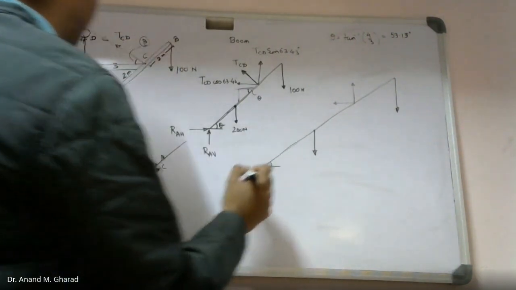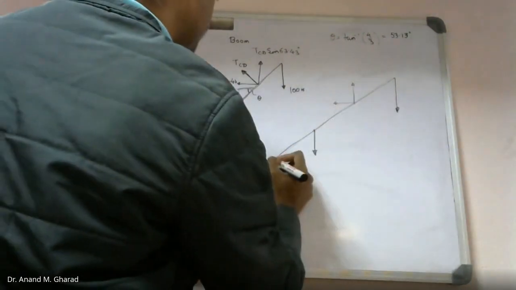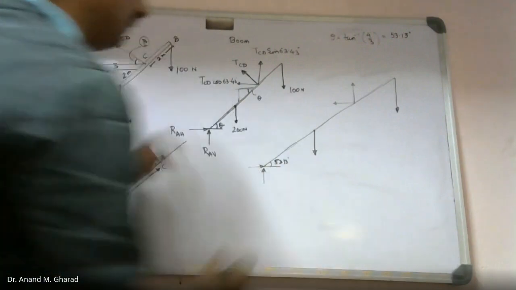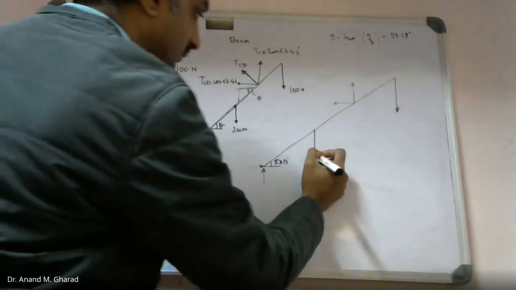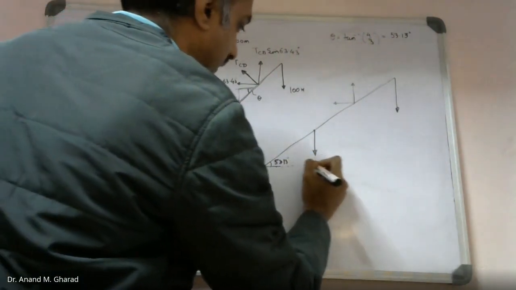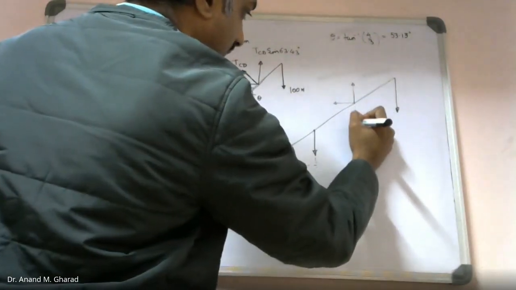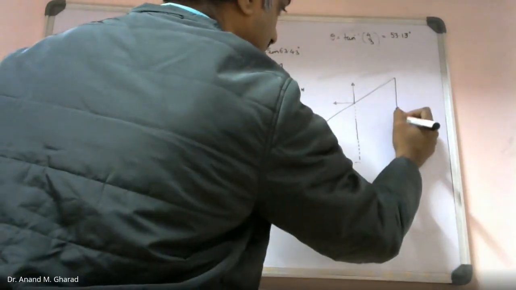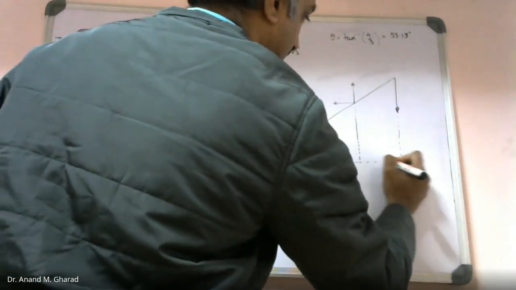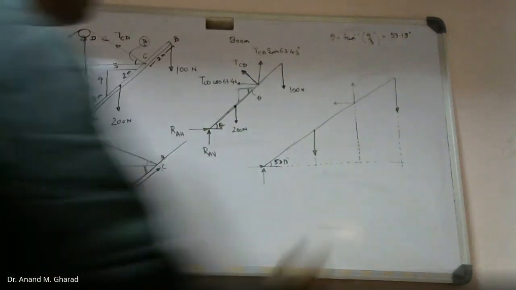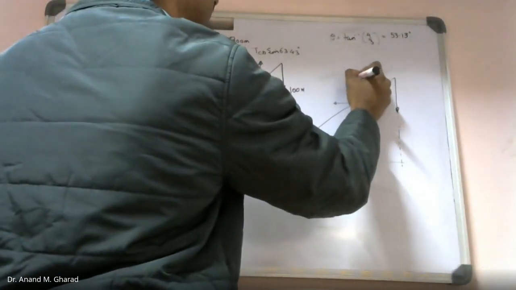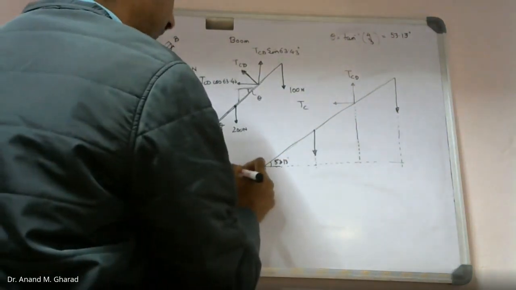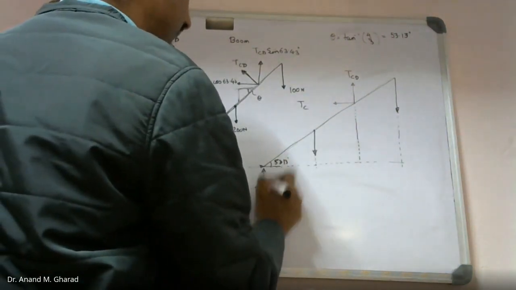Theta we have calculated to be 53.13 degrees. Okay. Now the remaining thing is to identify the unknown values, whatever are asked. Okay. So the unknown parameters are TCD and the reactions at A, RAH and RAV.